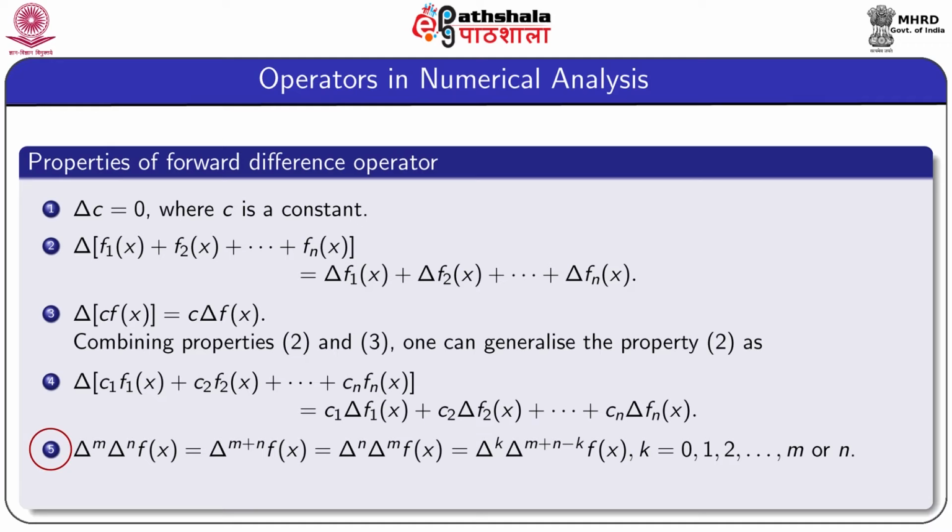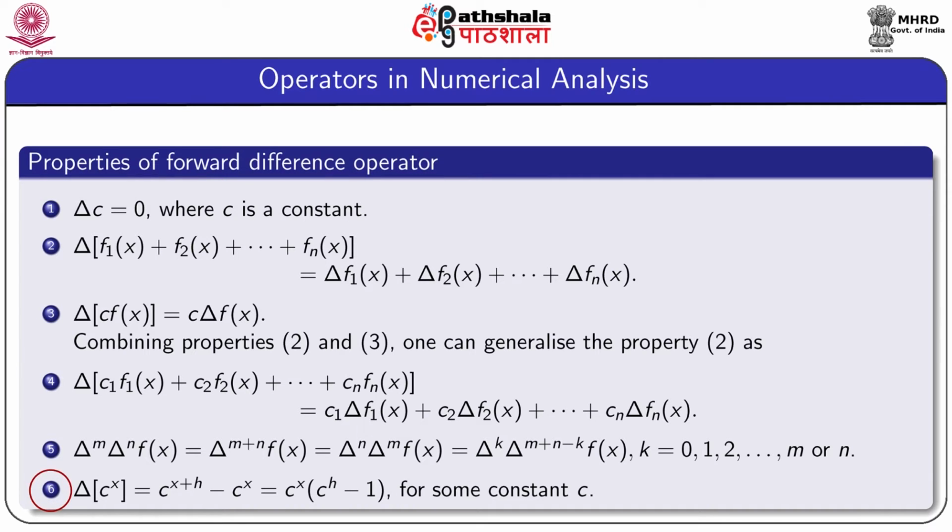The forward difference operator also satisfies the laws of indices, that means delta power m into delta power n f x equal to delta power m plus n f x, which is equal to delta power n into delta power m f x, and this is equal to delta power k into delta power m plus n minus k of f x, and this is true for any k equal to 0, 1 up to m or n.